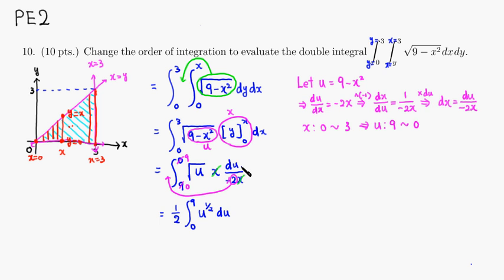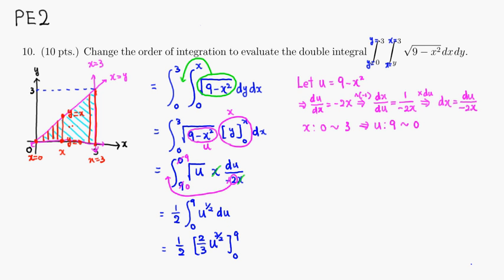Then we can take the antiderivative. You're going to get 1/2 times the antiderivative of u to the 1/2, which is, adding 1 to the power, u to the 3/2 power, and dividing by 3/2 is the same as multiplying by 2/3. Then you're going from 0 to 9.